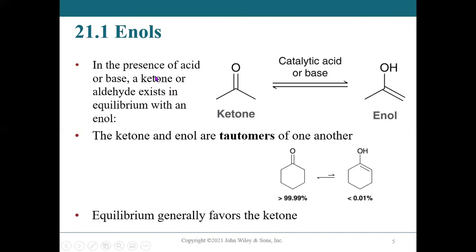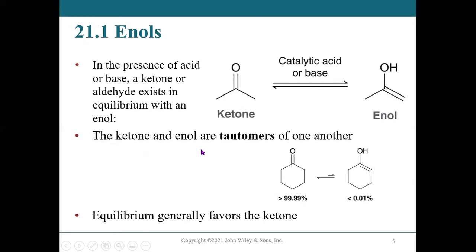In the presence of acid or base, a ketone or aldehyde exists in equilibrium with the enol. Here is the carbonyl, and a catalytic amount of acid or base can convert the carbonyl to the enol. An enol is a functional group that has an OH attached to a carbon, and that carbon is in a C=C double bond.